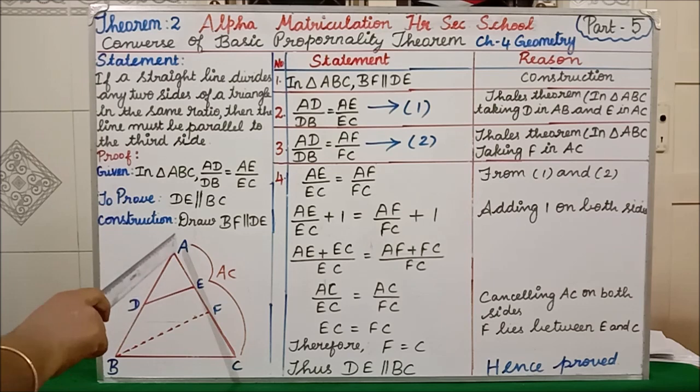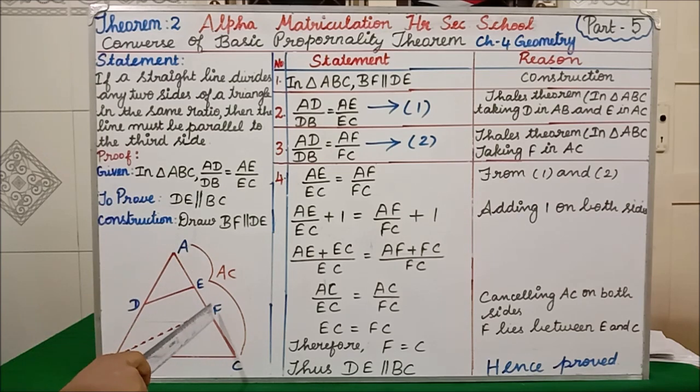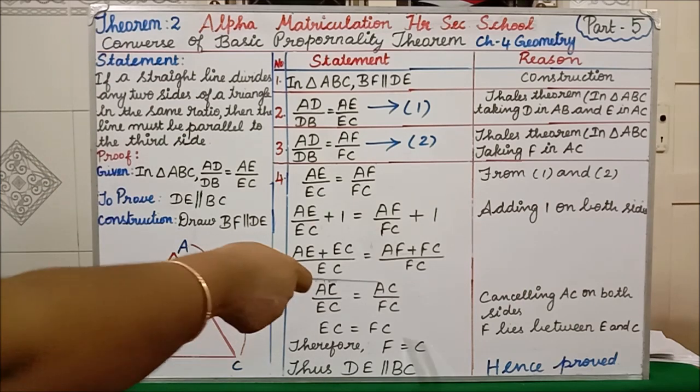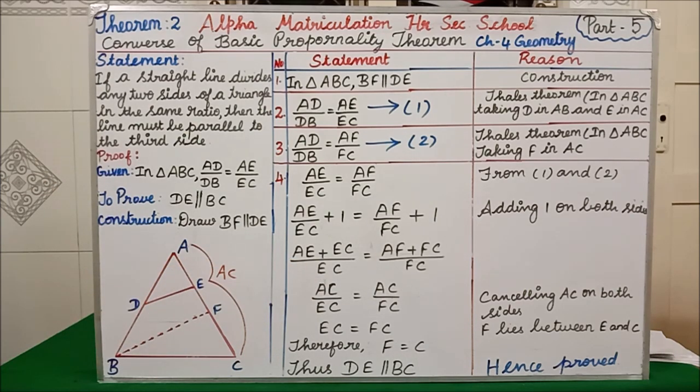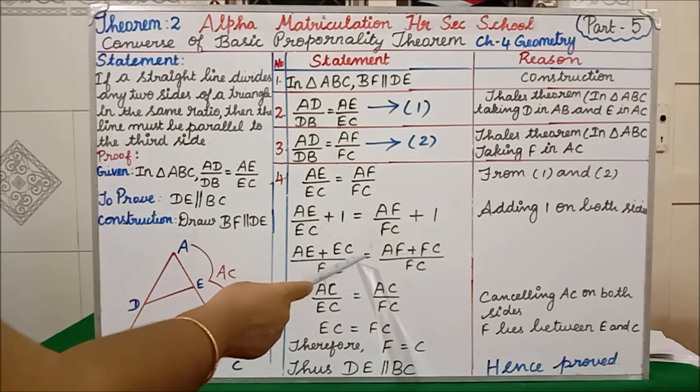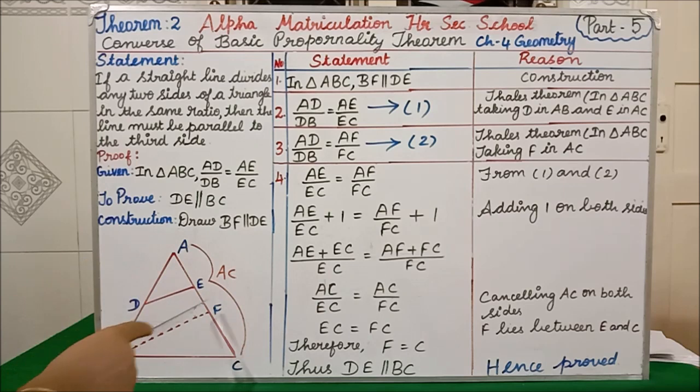AF means from A to F, plus FC, which is also the full length AC only. AE plus EC is also AC. Similarly, AF plus FC, this full length, is also AC.